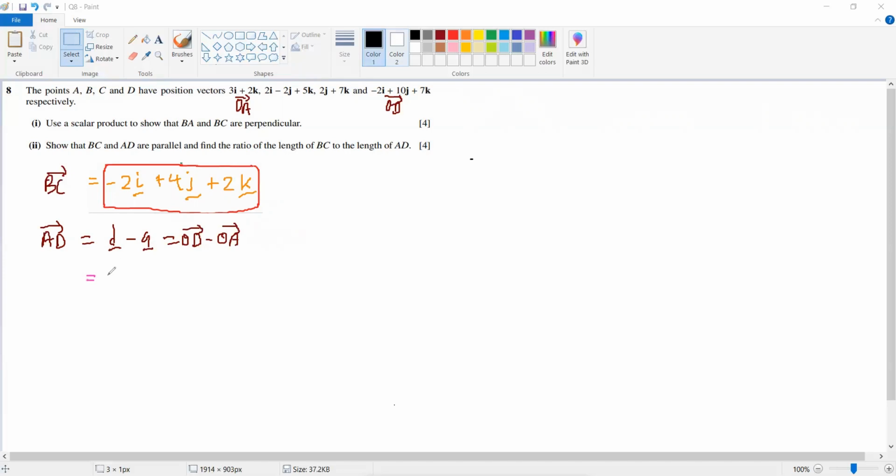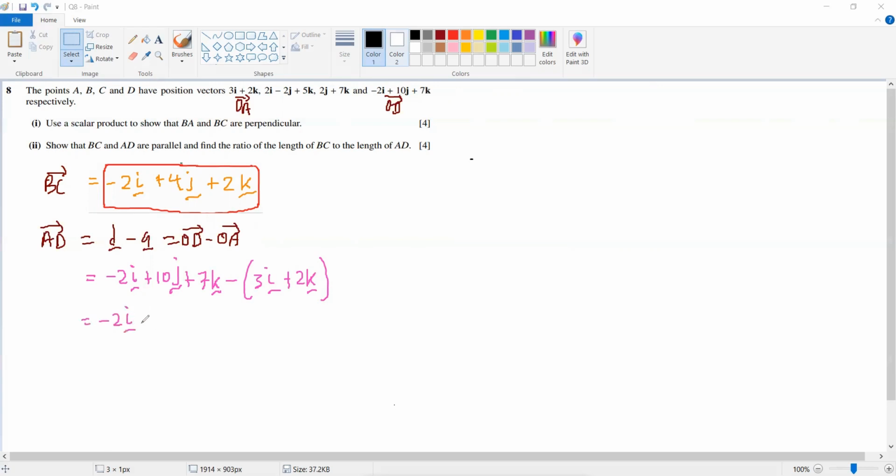OD is minus 2I plus 10J plus 7K, minus bracket OA, which is 3I plus 2K. Let's simplify.